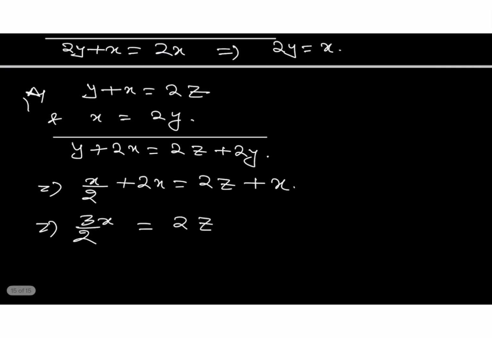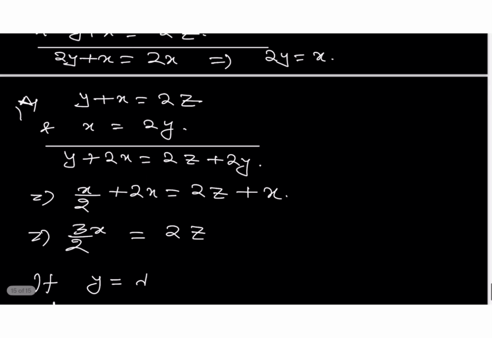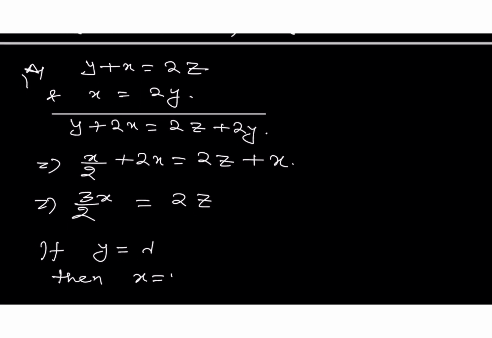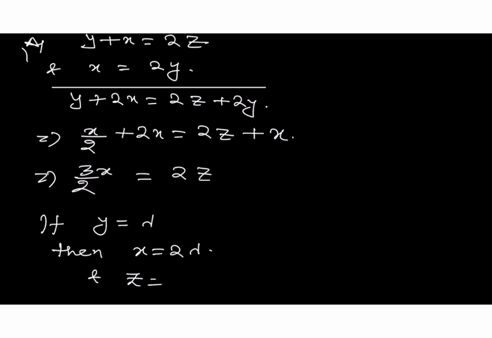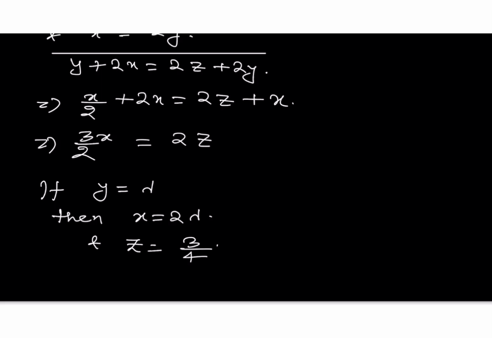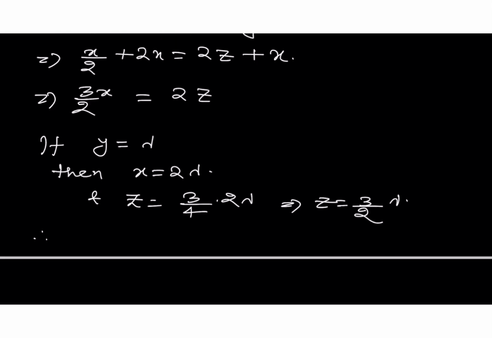Now if y is equal to λ, then x is equal to 2λ and z is equal to 3/4 into 2λ, which means z is equal to 3/2 λ. Okay, so I'm making λ on one side.